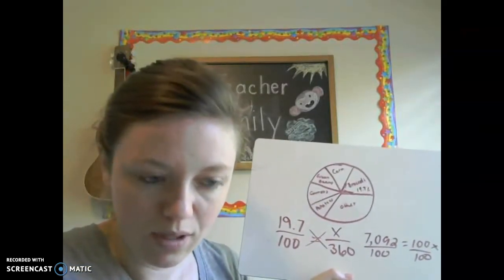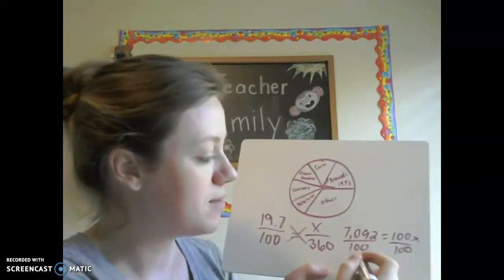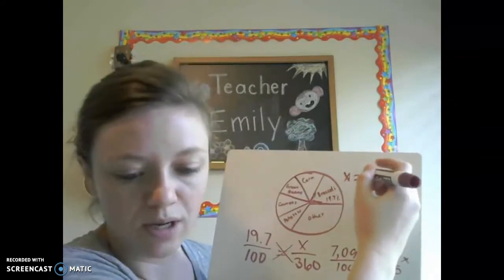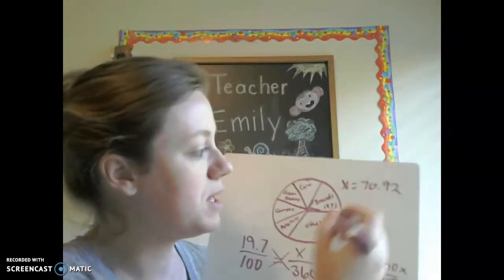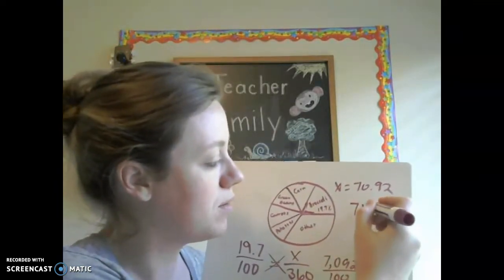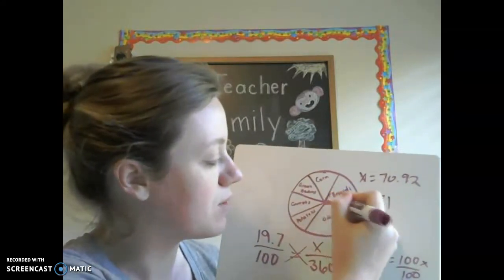That makes x equal 70.92. But the problem says give your answer to the nearest degree, so we're going to say 71. 71 degrees is about this angle right here.